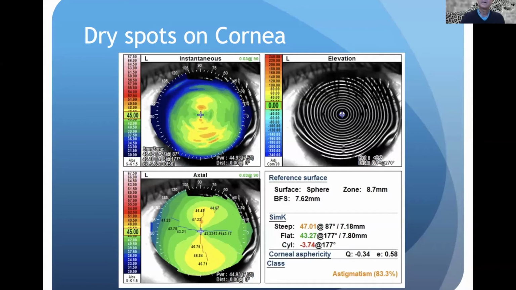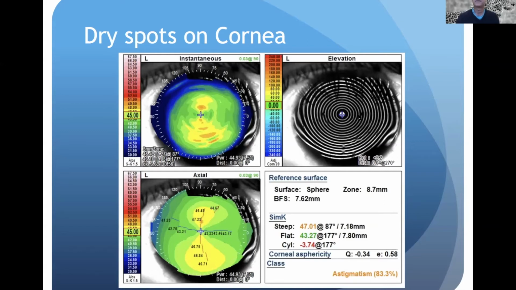And here's where the placido rings really come into play: these help us interpret what's actually being interpreted as these hot spots on the tangential map. It can be from the patient's cornea drying out, either they've got a dry eye or they've had lots of drops of anesthetic because the topography was done after the vision and pressure was measured, and they're not blinking enough, so you get these dry spots, and that can give you an erroneous interpretation.